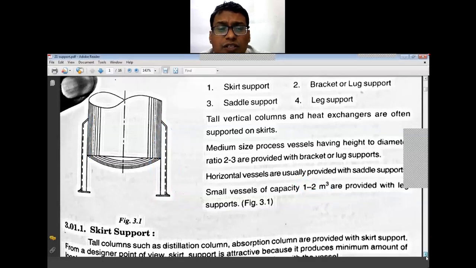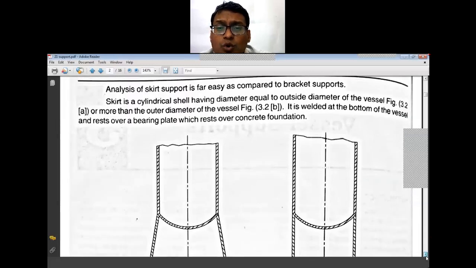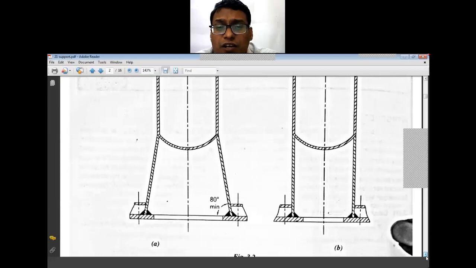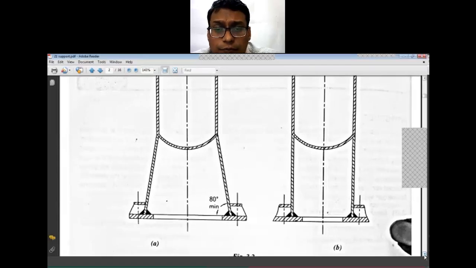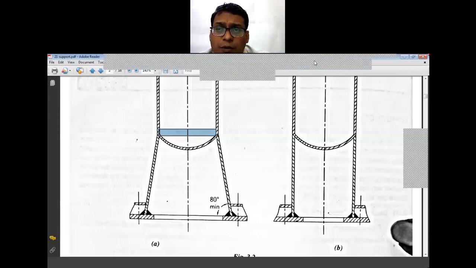Now next is your skirt support. Now skirt, that is similar to the skirt the girls wear. So the outer diameter of the vessel will match with the inner diameter of the skirt support.